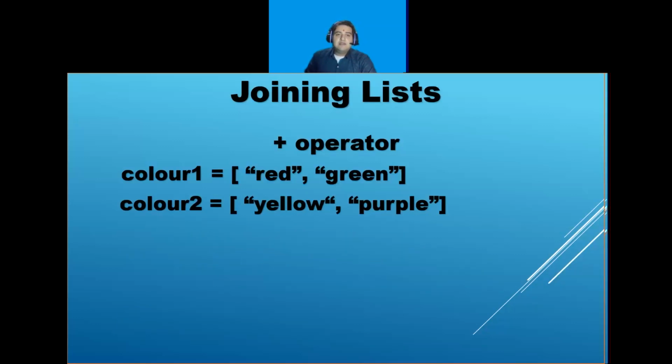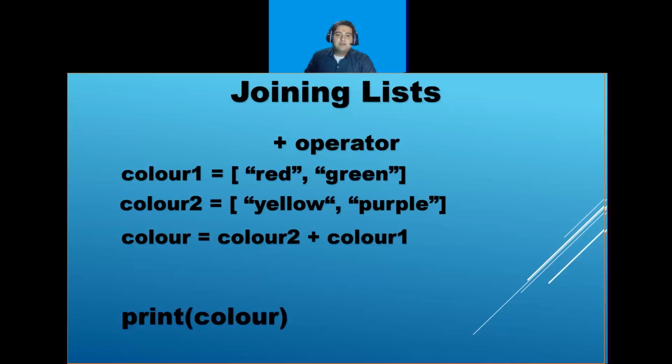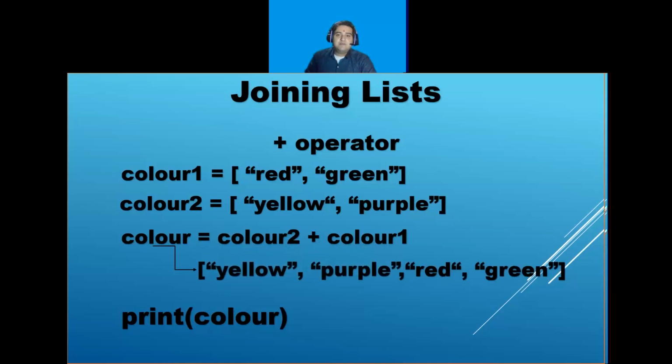On the other hand, if I write color 2 first and color 1 on the second position, and again store them in a new variable color, and print color here, it will first display color 2 elements and beside color 2 elements it will write color 1 elements.